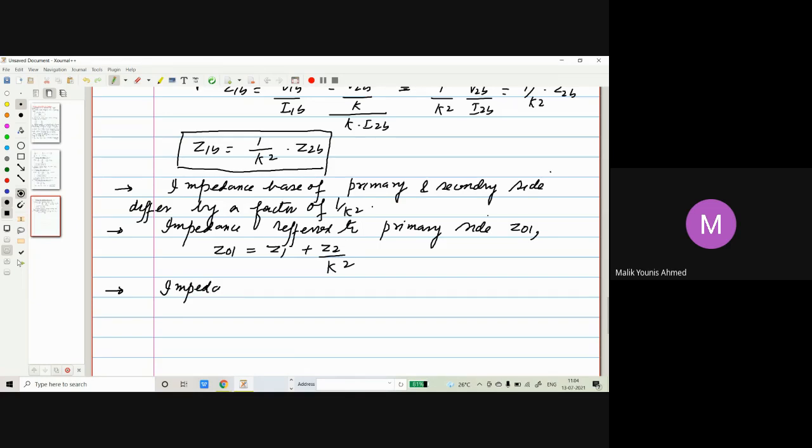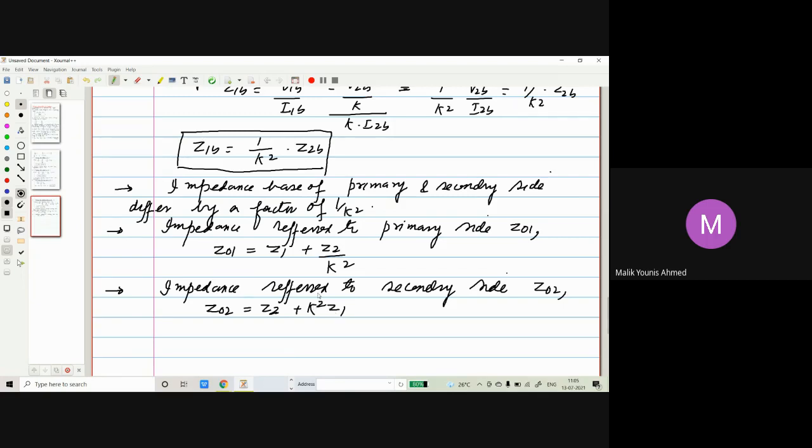Second, impedance referred to secondary side, Z02. Z02 will be written as Z2 plus K square into Z1, that you know already from the machines.